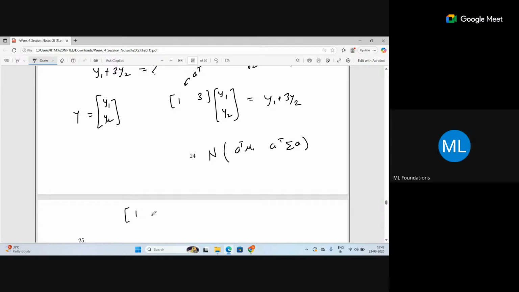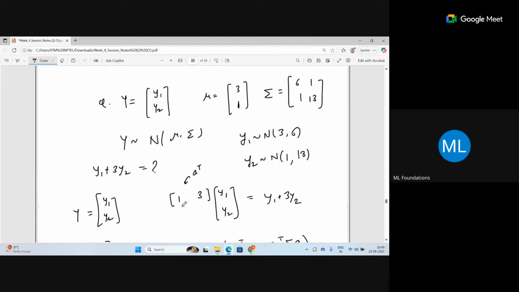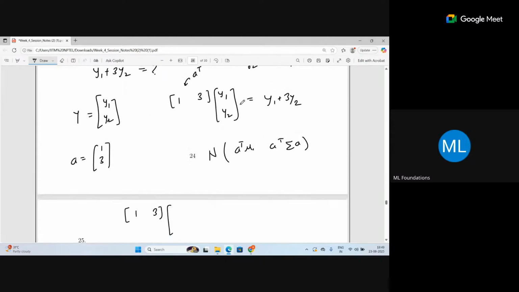So what is A transpose mu? A transpose is (1, 3), because A is equal to (1, 3), the coefficients. Mu is given to me as (3, 1). So the mean will be 6, right?